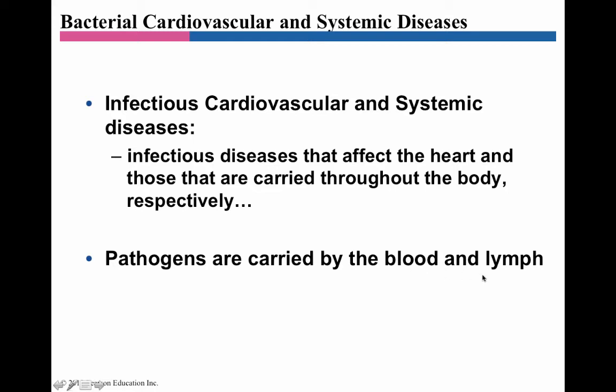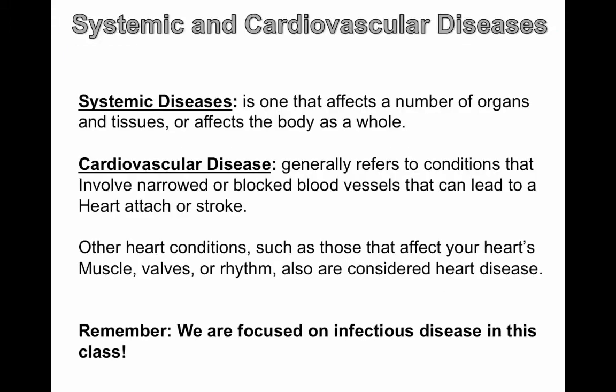Both of these are closely linked, and there are places where the cardiovascular system carrying the blood links to the lymphatic system carrying the lymph, because the lymph does enter into the blood, okay? So they are connected. Oftentimes pathogens will be carried around the body in both of these systems once they reach one or the other, because they do mix, if that makes sense.